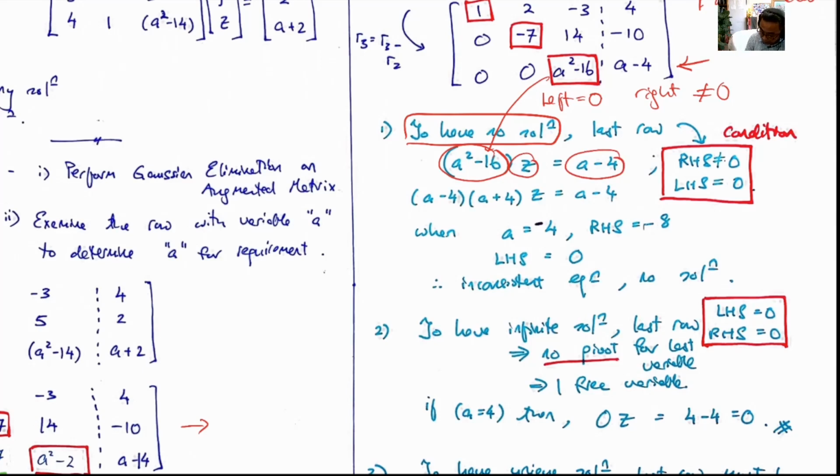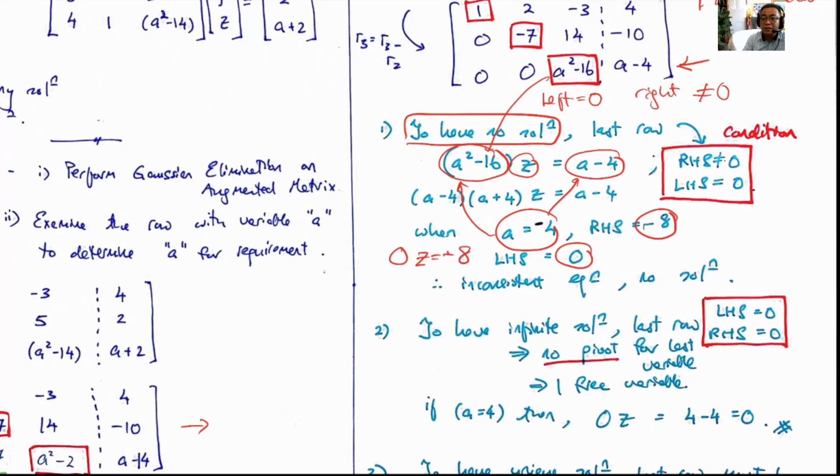we substitute a equals minus 4 into the equation, what we'll see is that on the right hand side we'll have minus 8, but on the left hand side it'll be equal to 0, because minus 4, when substituted into this equation, will be 16 minus 16, implying that the left hand side is 0 multiplied by z is equal to minus 8.